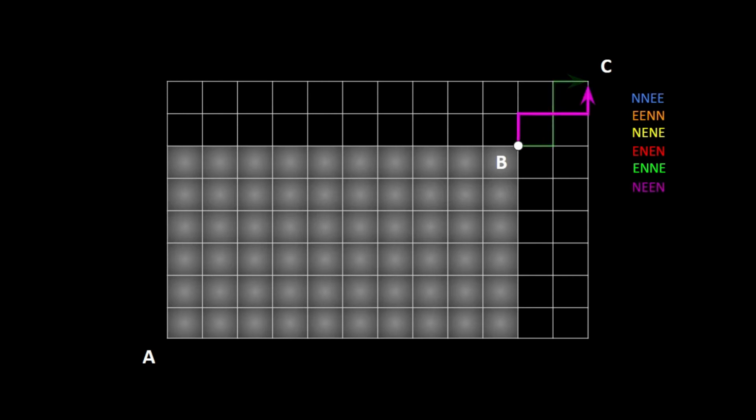And finally, those 8,008 paths have one last option, a northern or up step, 2 to the right in the eastern direction, and then finally 1 up. That means those 8,008 paths have 6 different ways that they can continue along from point B to point C.